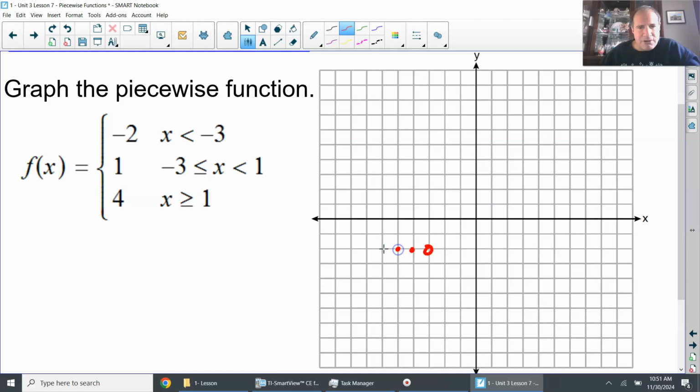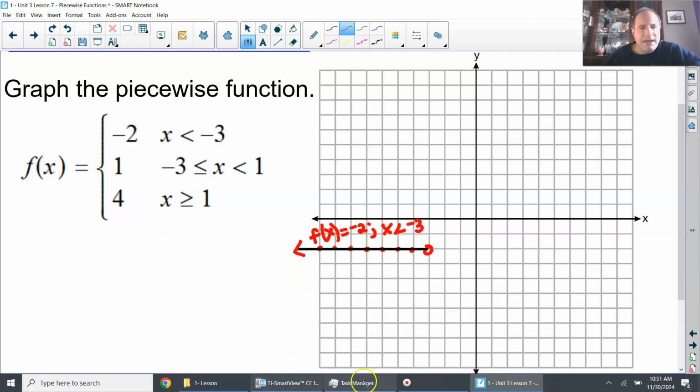Remember, it's horizontal. And then you connect those points. And this is f of x equals -2, where x is less than -3.